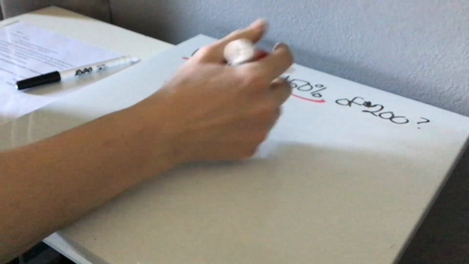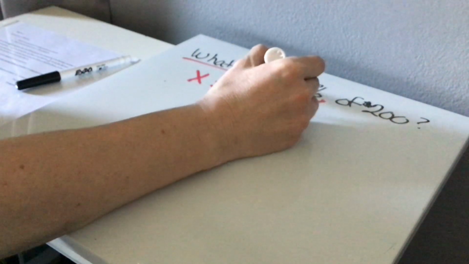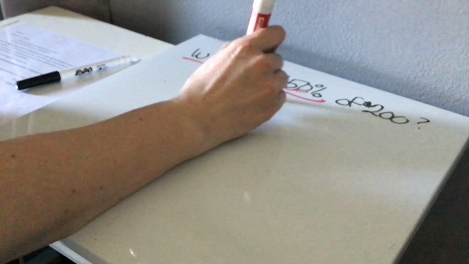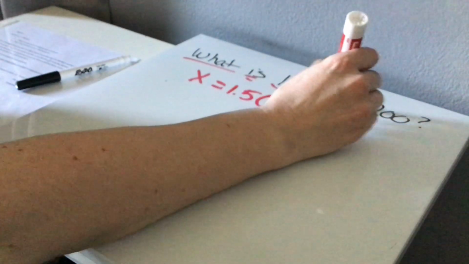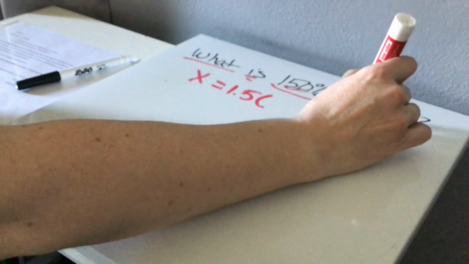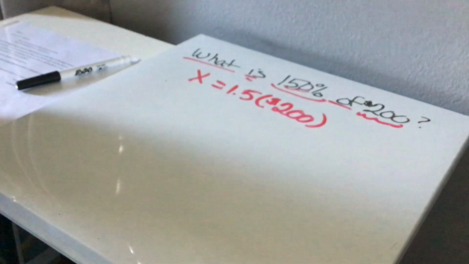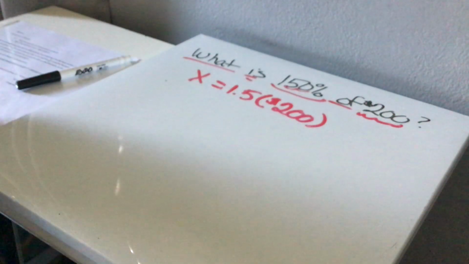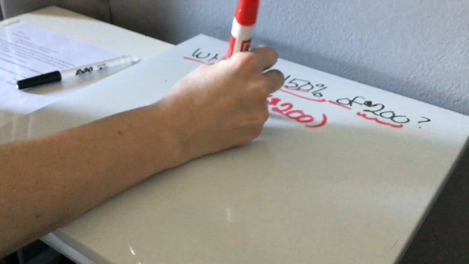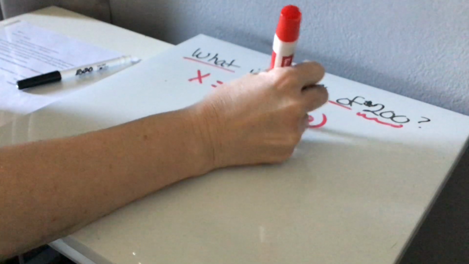Percent, we're going to make it a decimal, so you move it over 2 places to the left. So 1.5. Of means to multiply, and then this number. So x equals 1.5 times 200. When you multiply that out, we get 300.